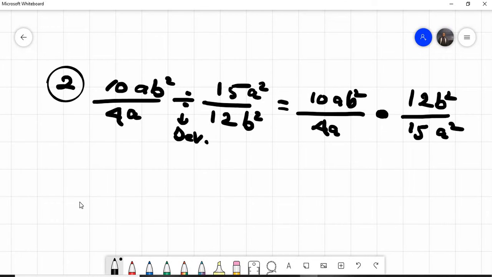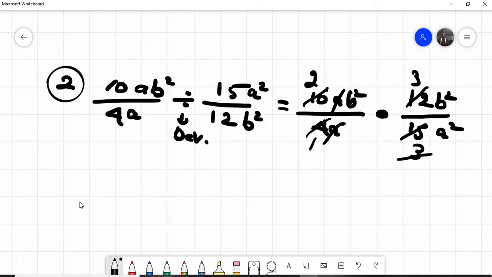Now we cross out. 4 divided by 4 is 1, and 12 divided by 4 is 3. Then the a on top we cancel out. The b squared, there's nothing we can do about it, because there's no b in the denominator. Then 10 we can divide by 5 to get 2, and 15 divided by 5 is 3.